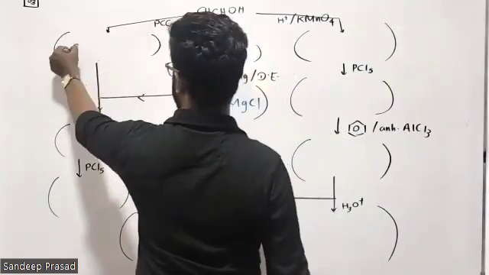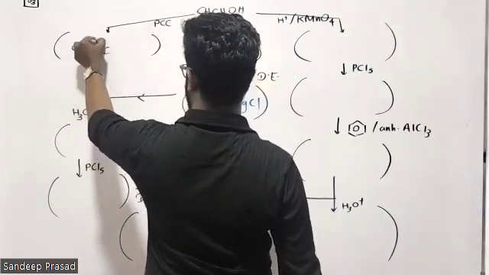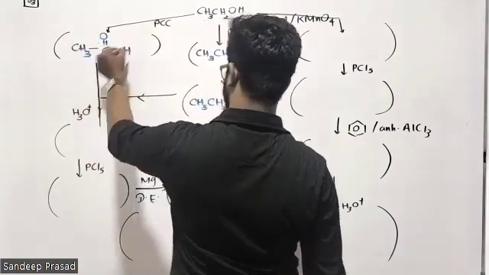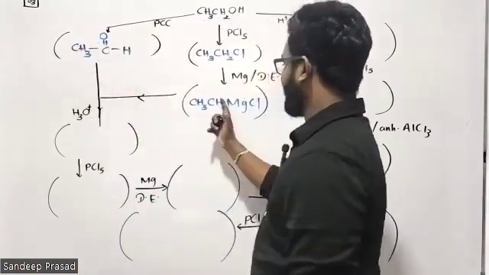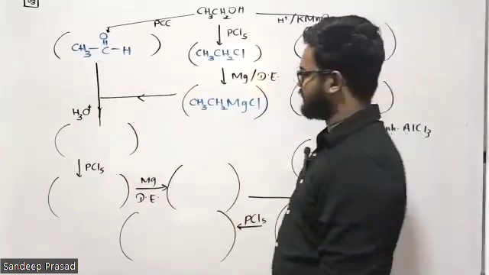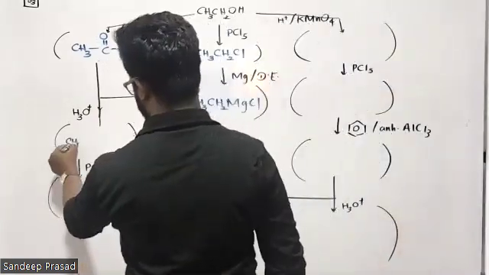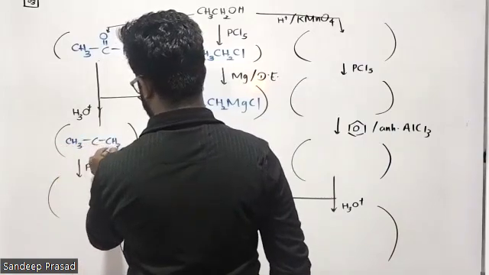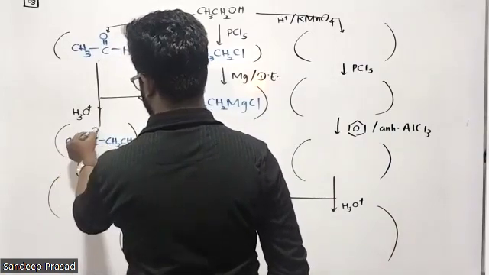So can you remember PCC added? That means primary, sorry, aldehyde is produced. So that aldehyde is reacting with the Grignard reagent and then H3O plus. Then we can say that CH3, CH2, CH3, OH.